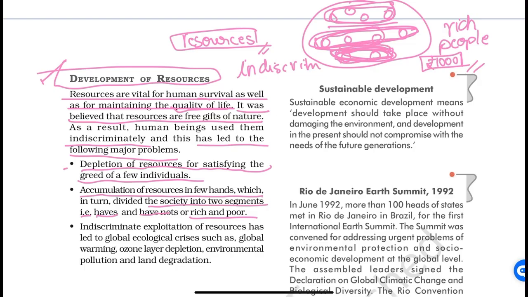Suppose there are four resources available of 1000 rupees, so the two rich people will use all four.